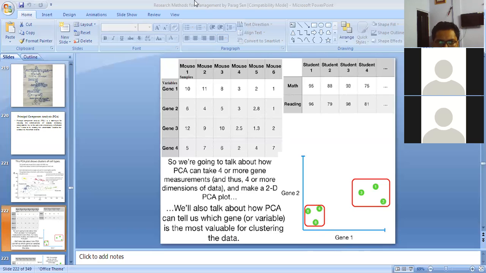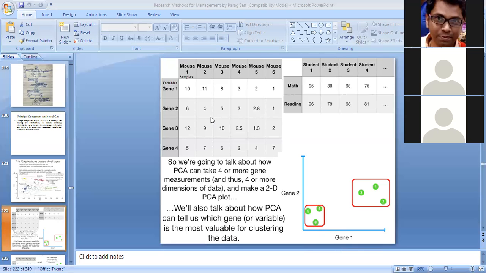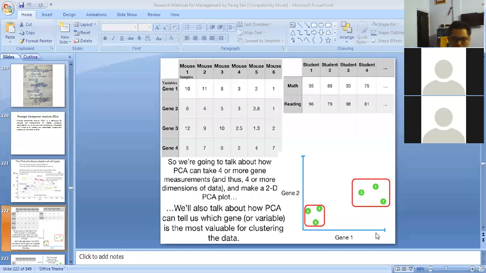Similarly, if gene 1 expression is higher, there is also a tendency that gene 2 will be higher. Mice 1, 2 and 3 represent that, so they are forming a cluster. Now we'll move on to the next slide.